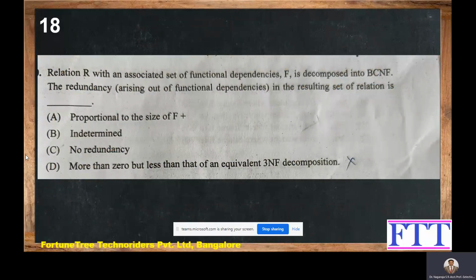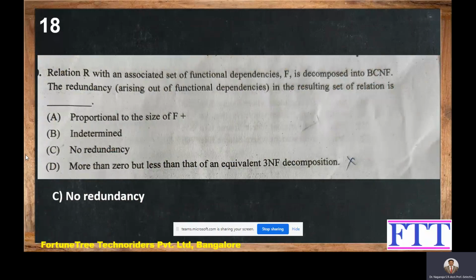Option B, indeterminate. Option C, no redundancy. Option D, more than 0 but less than that of an equivalent 3NF decomposition. So the right answer is option C, no redundancy. Option C is the right answer.